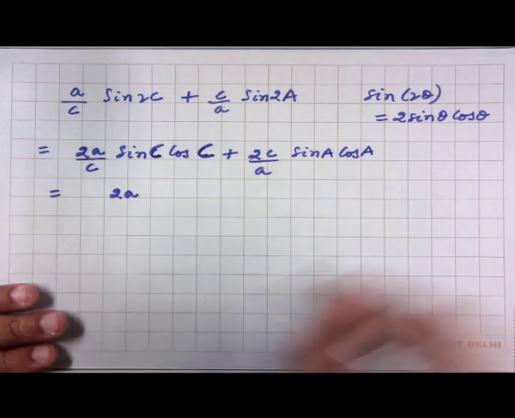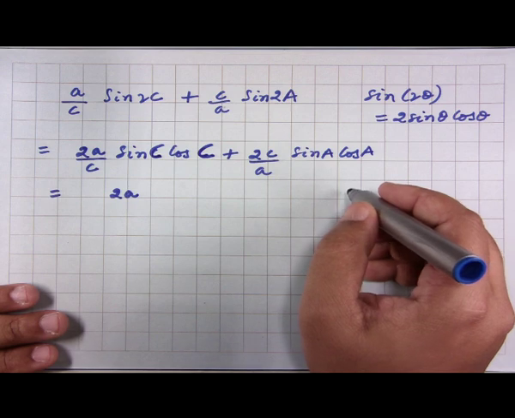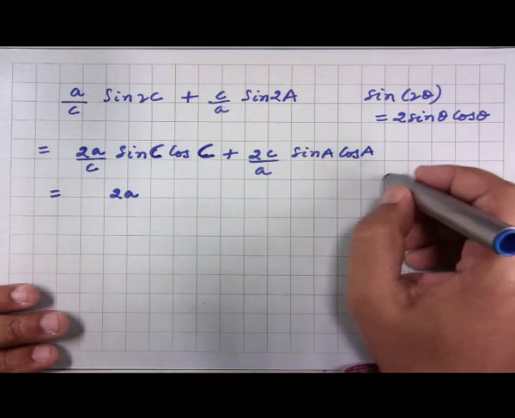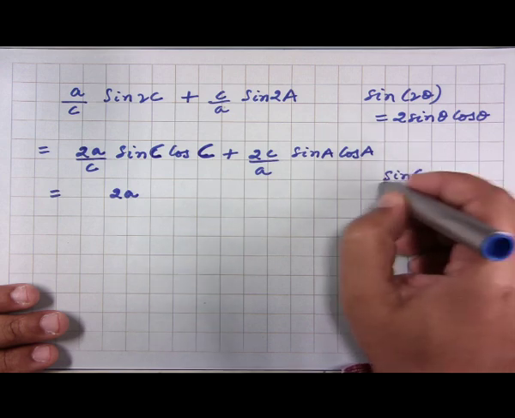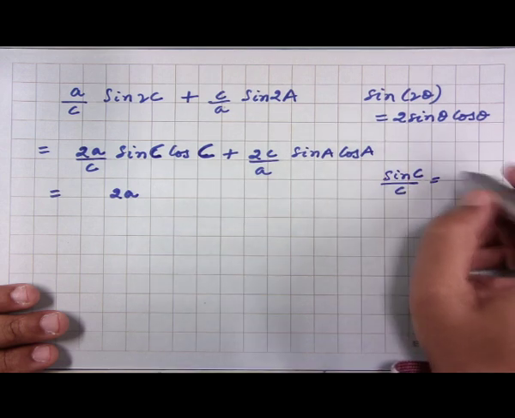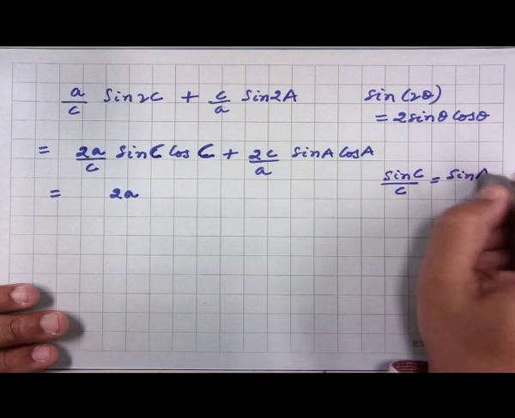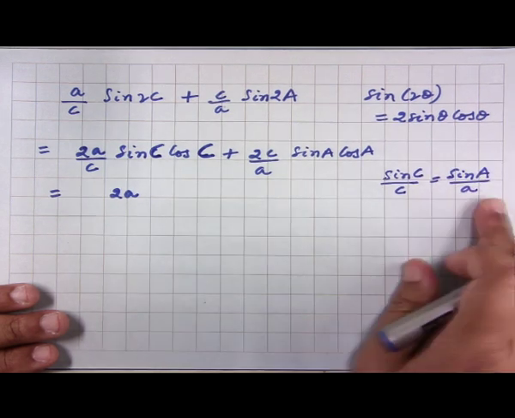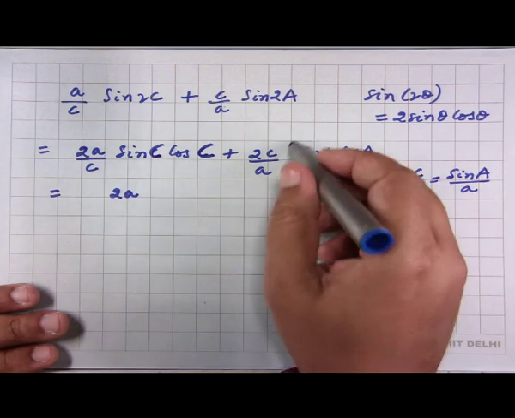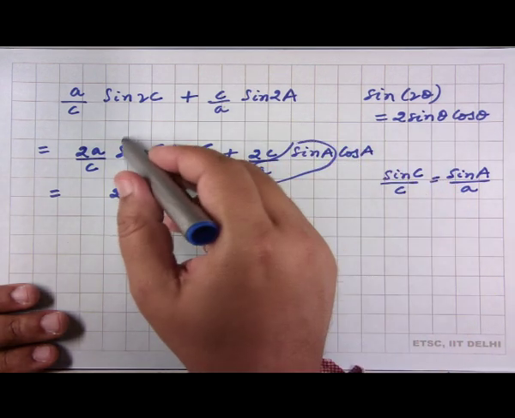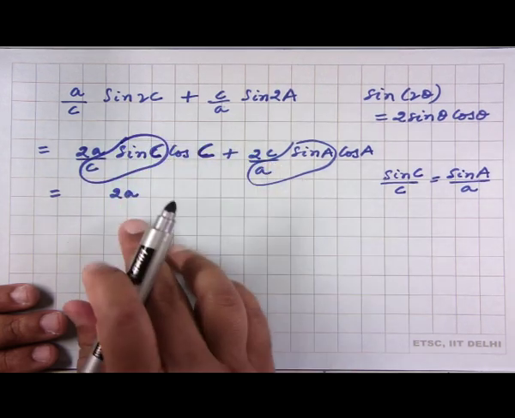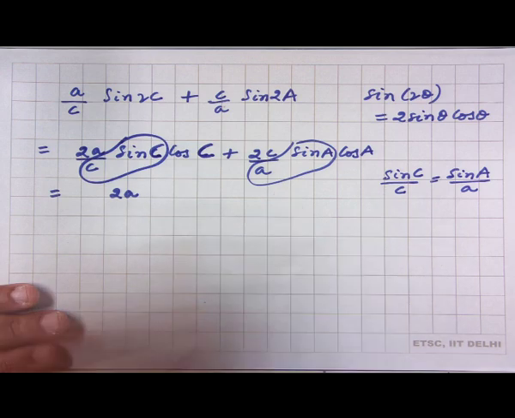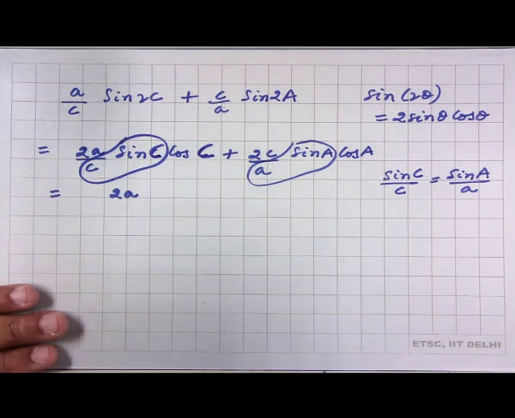So, we know from the sine law that sin C over c is equal to sin A over a. Therefore, these two are the same, and we can factor it out.